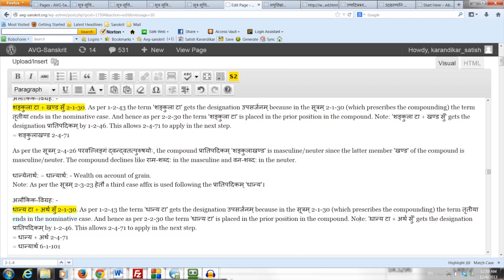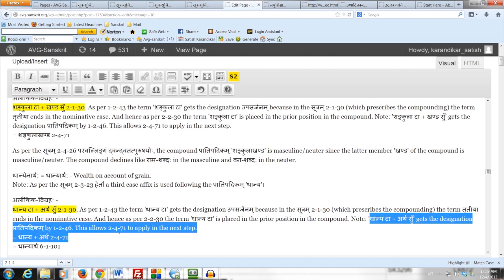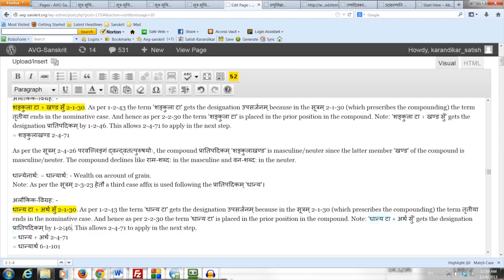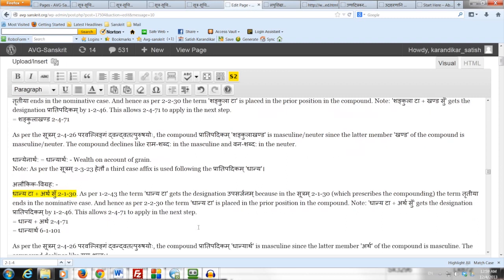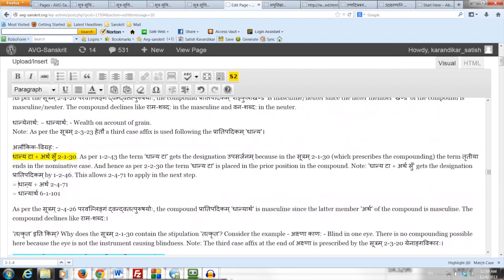And now dhanya ta artha su gets the designation pradipadikam by 1.2.46 krit tadita samasascha, as we have formed a samasaha. This allows 2.4.71 supo dhatu pradipadikayoho to perform the luk elision on the sup affixes ta and su, which are inside the compound pradipadikam. So now we have dhanya artha, and then of course we apply akah savarne dirgha to get dhanyartha.